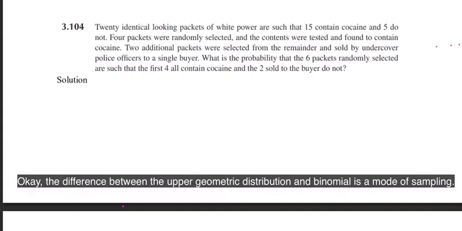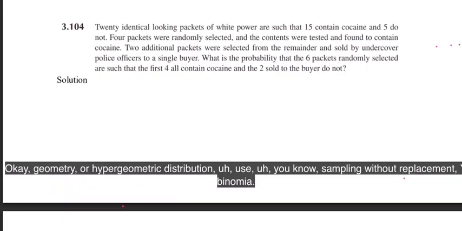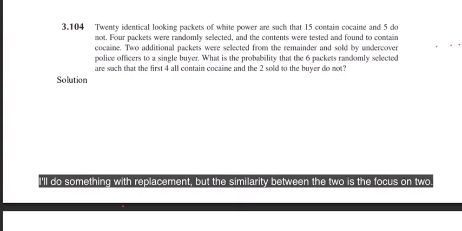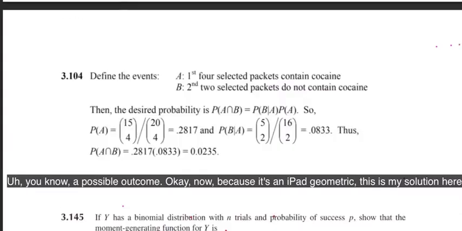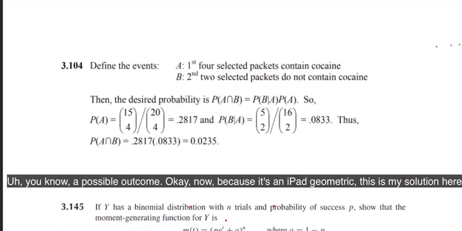The difference between the hypergeometric distribution and the binomial is the mode of sampling. The hypergeometric distribution uses sampling without replacement, while the binomial uses sampling with replacement, but the similarity between the two is the focus on two possible outcomes. Now, because it's hypergeometric, this is my solution here.